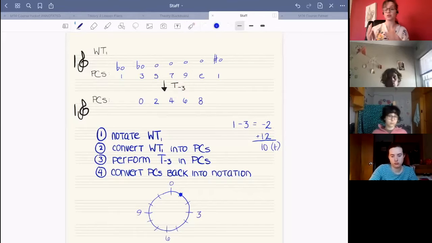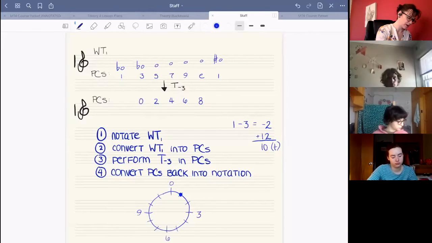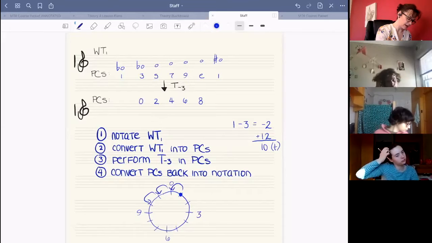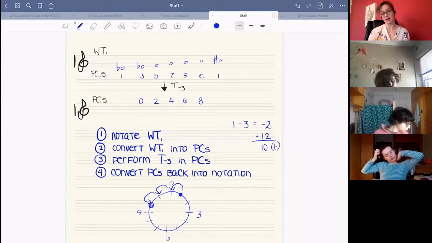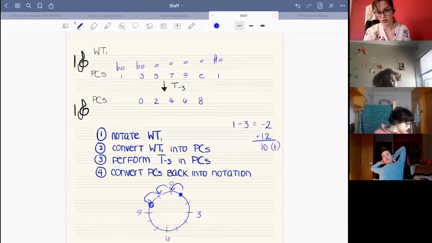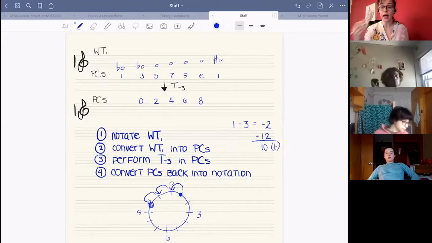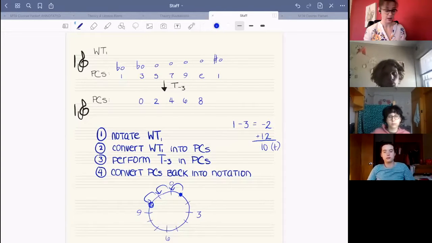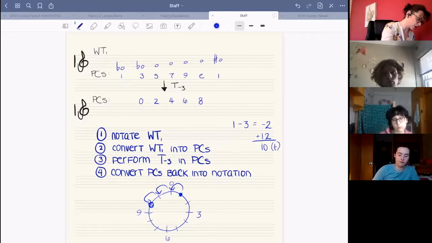That means we are going to move counterclockwise around the clock face. So I'm going to just move by 3 clicks counterclockwise. So 1, 2, 3, I end up here, and that is also pitch class integer 10. Either of those methods works great. It's whatever is most comfortable for you.